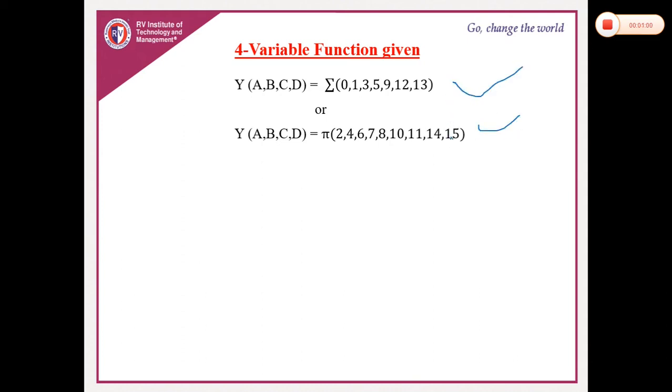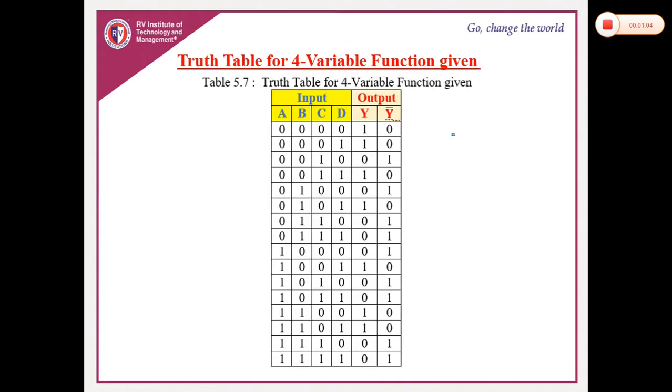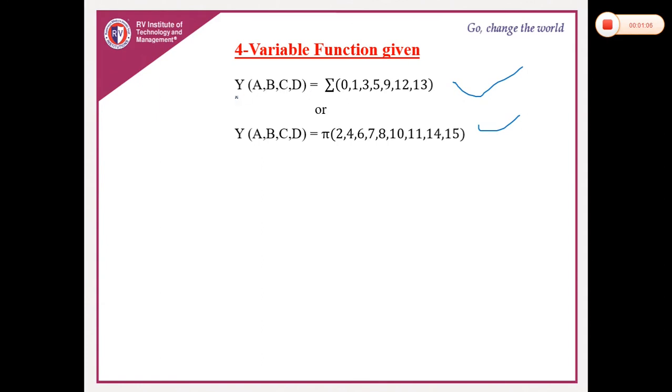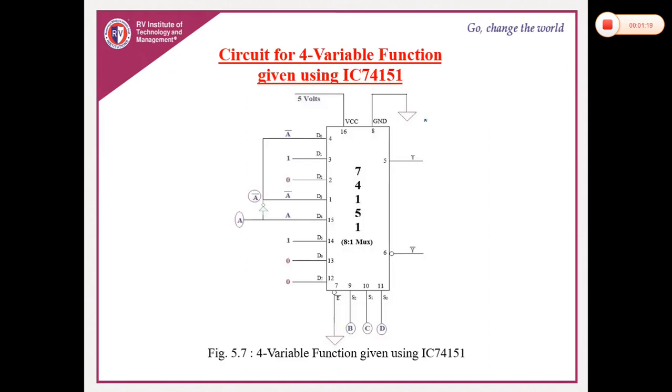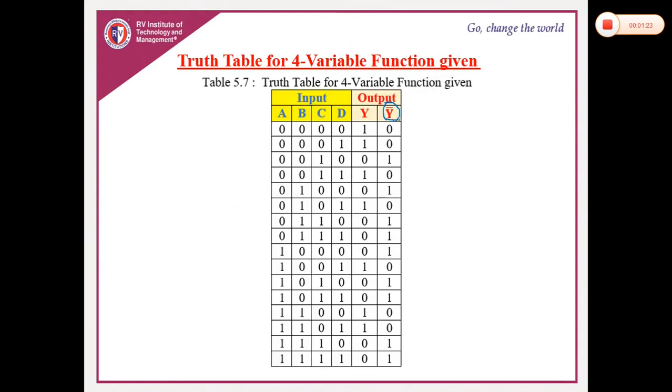First and foremost, you should implement this using an 8:1 multiplexer, right? So first you should draw the truth table associated with this. It is our duty to draw the truth table: ABCD inputs, Y and Y bar. Why this Y bar? Because in the IC diagram we have both Y and Y bar. That is why we have written the truth table for Y bar also.